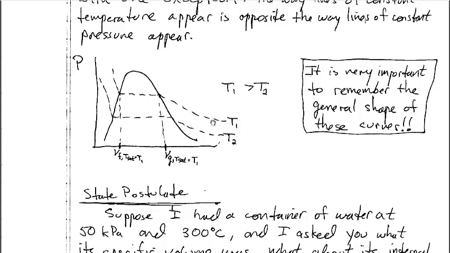And so if I draw two lines of constant temperature here, T1 and T2, then of course, similar to the temperature-question-mark plot with lines of constant pressure, T1 is greater than T2. And so this is written correctly, unlike how I had it written above for the temperature-question-mark plot.